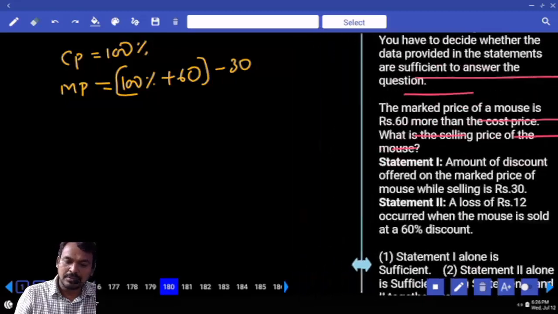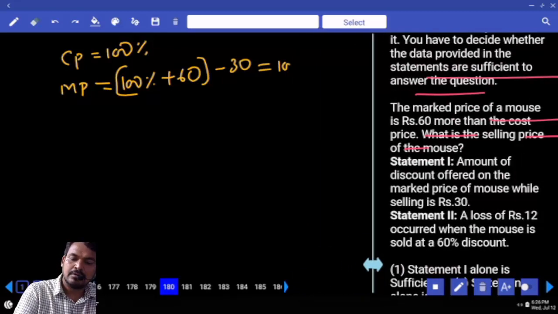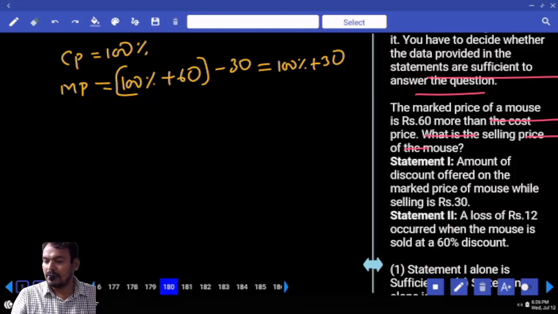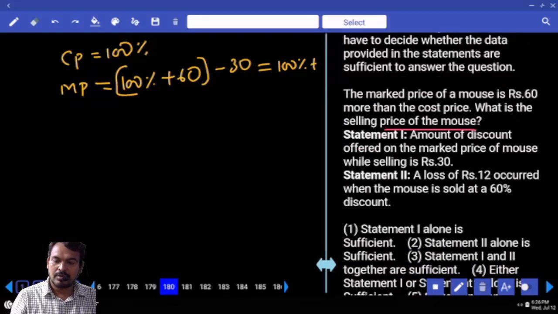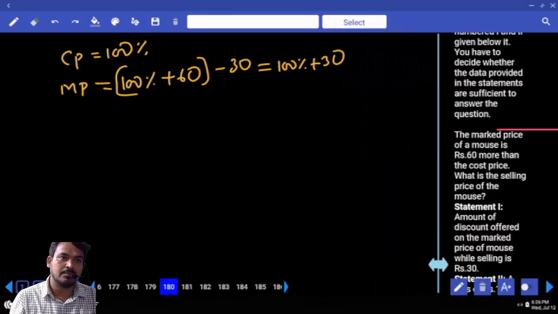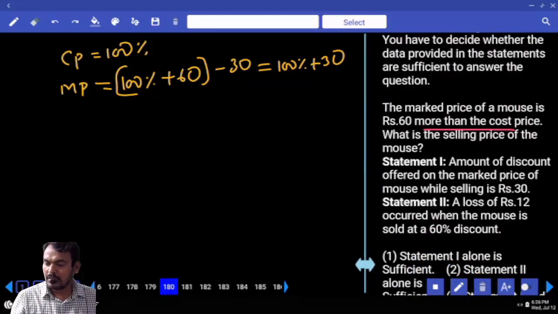Means selling price is how much? 100% plus 30. But we require which one? Selling price. We do not get the exact value, because we get 100% plus 30 but we don't know the 100% value. Okay, only one alone is not sufficient.